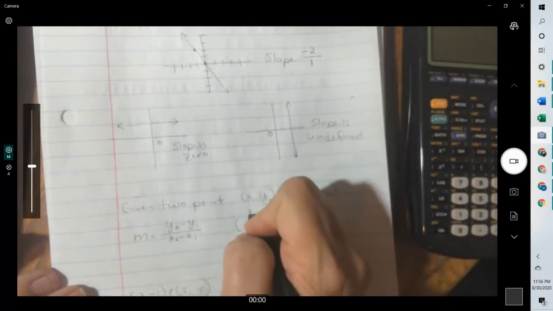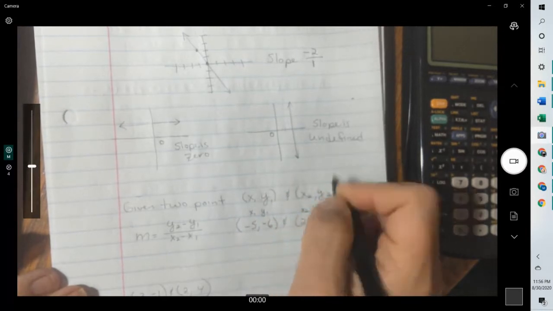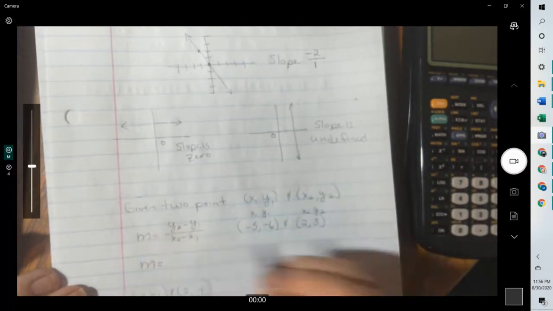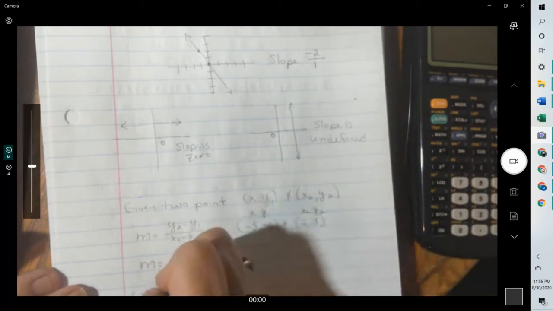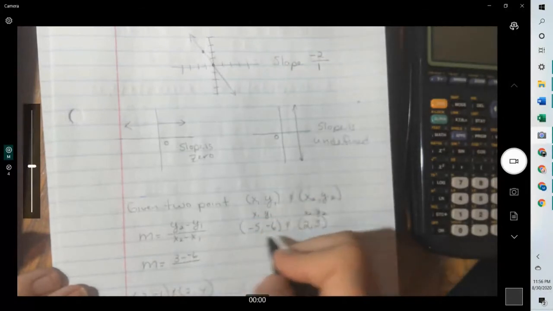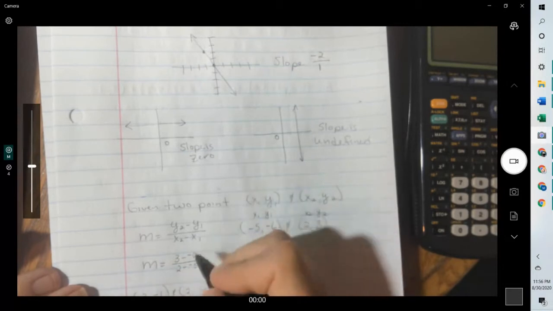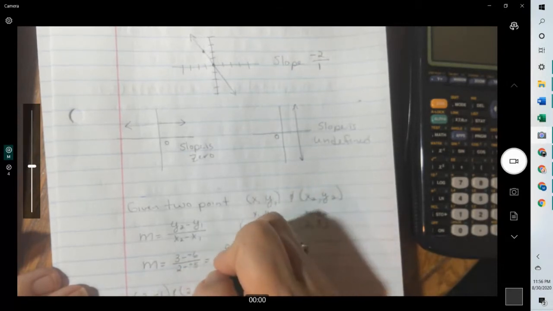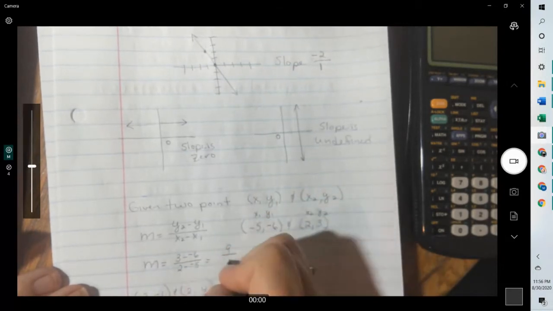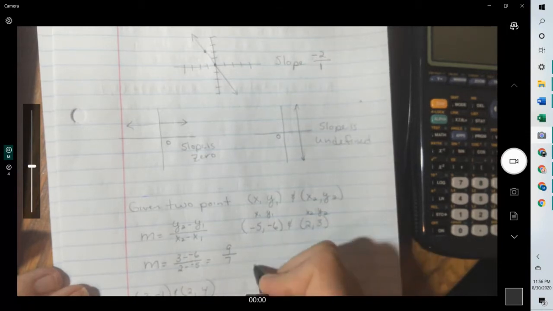So if we have x1, y1, and x2, y2: 3 minus a negative 6 over 2 minus a negative 5 equals, this will be a plus, so we have 9 over 7, or 9/7. 9/7 is our slope. That's a positive value, so that means the slope would be increasing. Going like this.